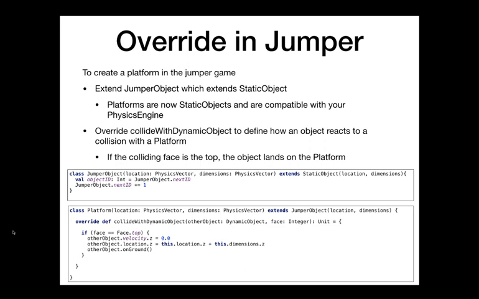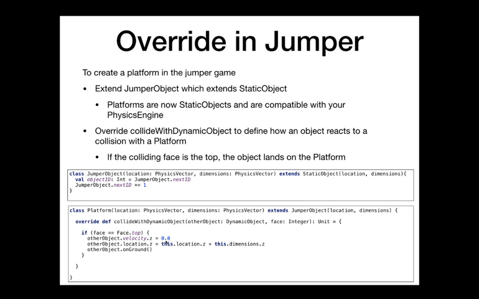So we're going to override that testing functionality, get rid of that testing code, and replace collide with dynamic object with our actual functionality. In this case, we have a platform, and we want to say, if this is the dynamic object that's colliding with me, if it's colliding with the top of this platform, set its z velocity to 0, and set its position to the top of the platform, so effectively landing on the platform.